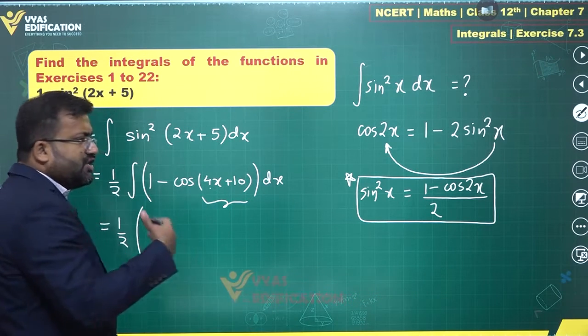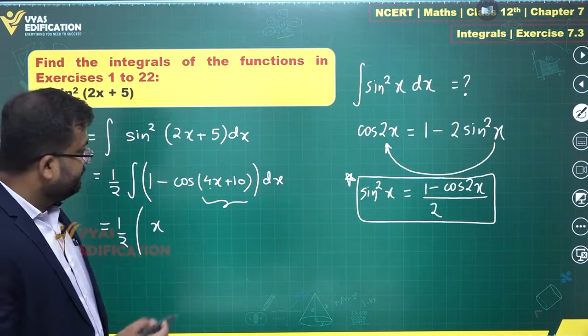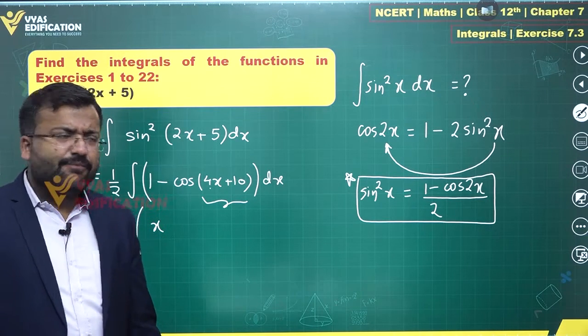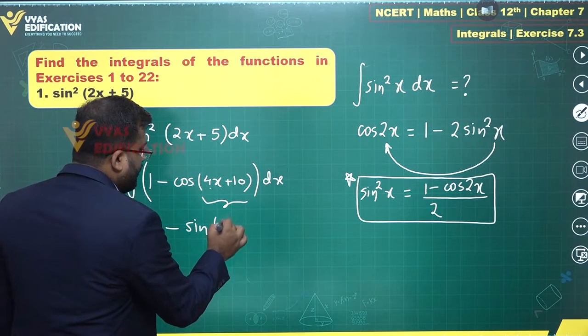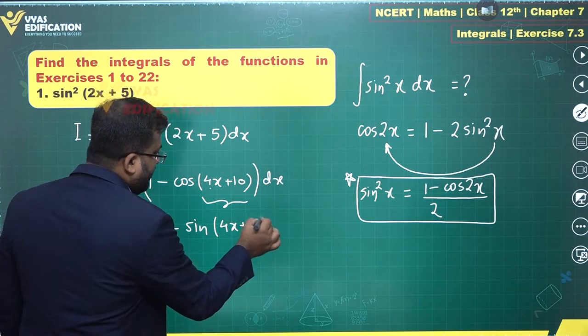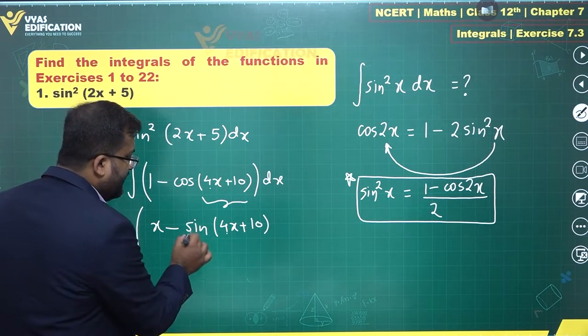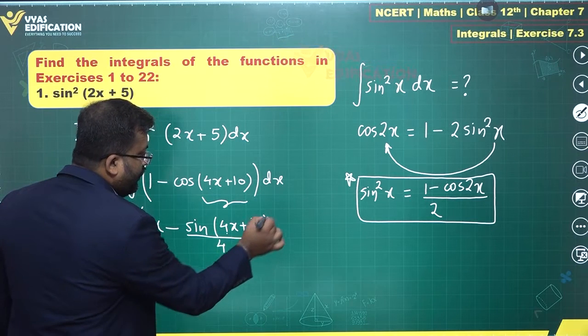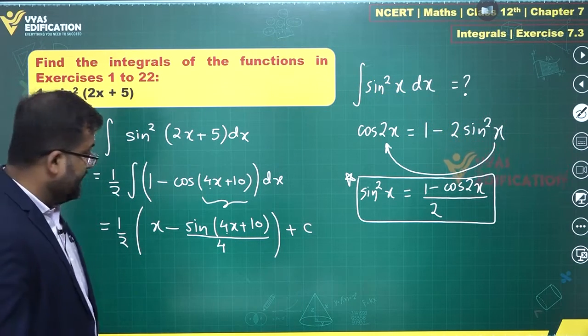What is the integral of cos x? That's sin x, right? So you get minus sine of 4x plus 10, and since there is a coefficient of x, you have to divide by that 4 over here. A constant term will be added. That's a complete integral, yes.